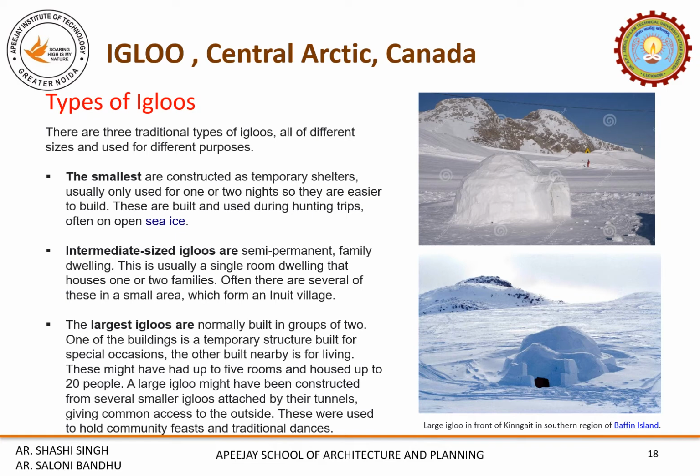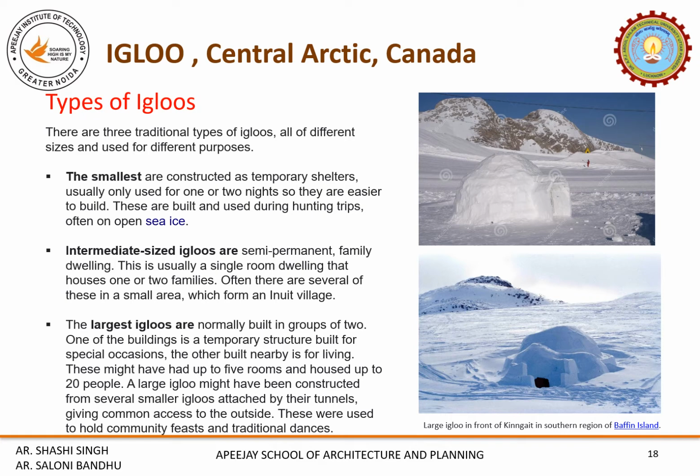The third is the largest igloo. These are normally built in a group of two. Generally, one structure is permanent and one structure is temporary. The permanent structure is used for living and the temporary structure is built for special occasions.